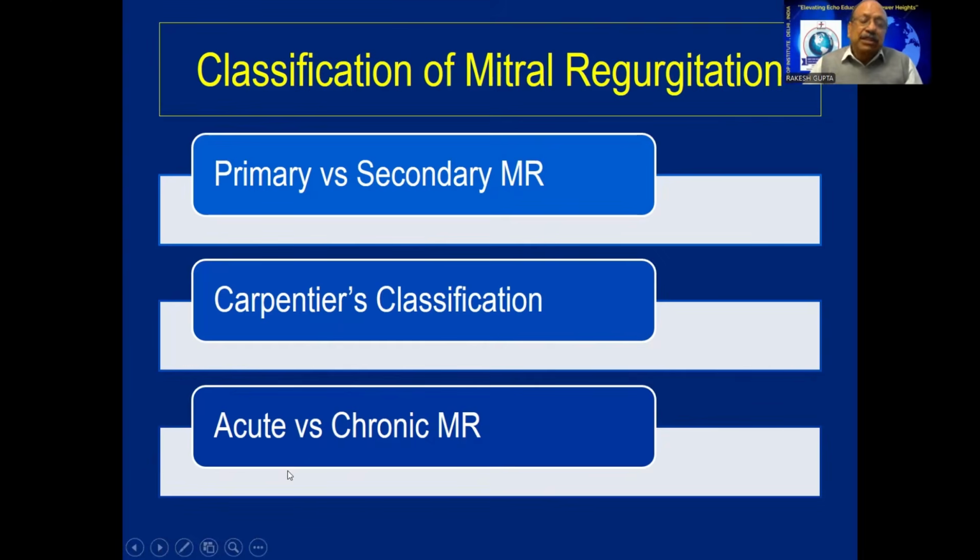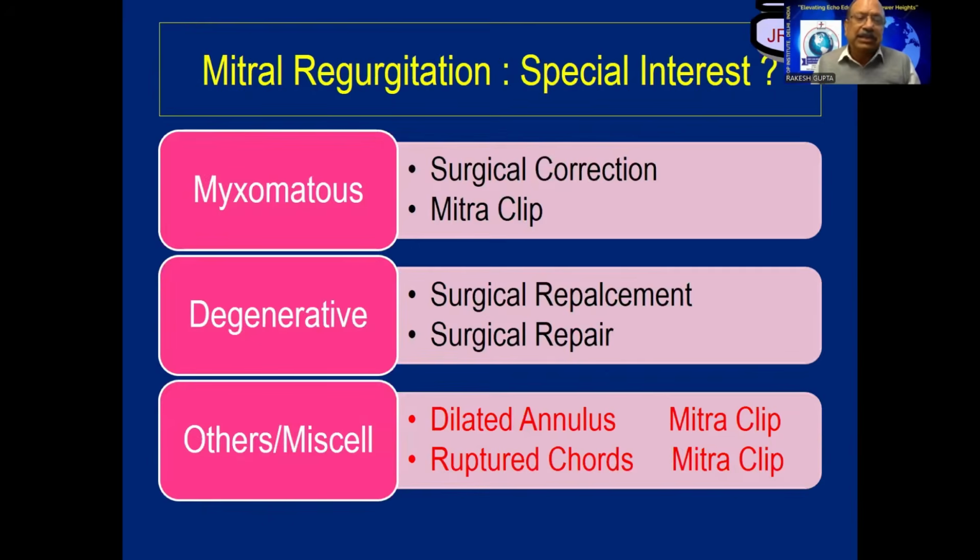Because if a patient develops a papillary muscle rupture, this is an acute phenomenon. If the patient develops a severe mitral regurgitation secondary to rheumatic heart disease, it's a chronic mitral regurgitation. And Carpentier is used because he is the person who helped us in identifying the various etiopathogenesis of mitral valve abnormalities. Let's start one by one.